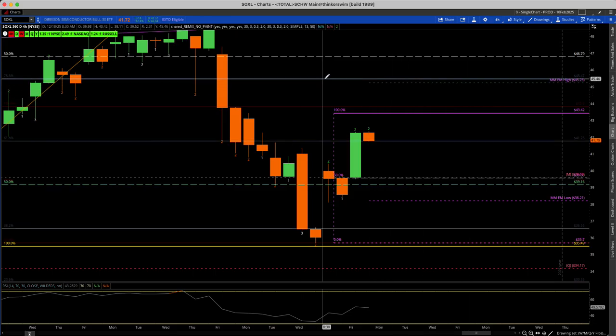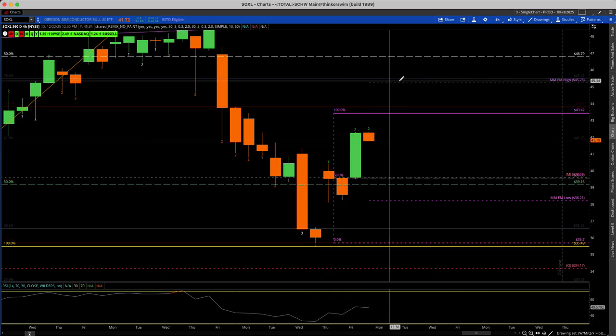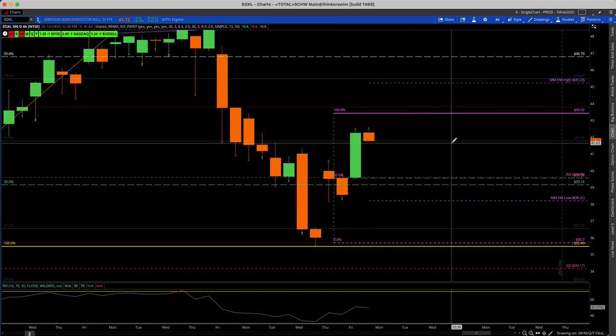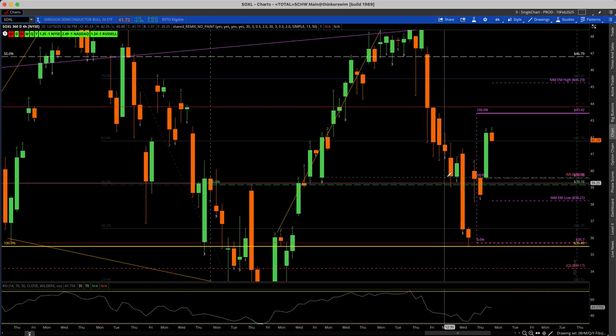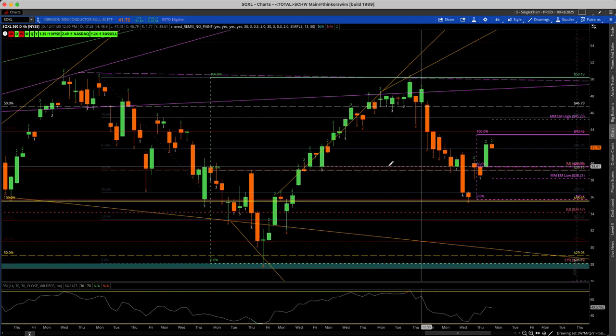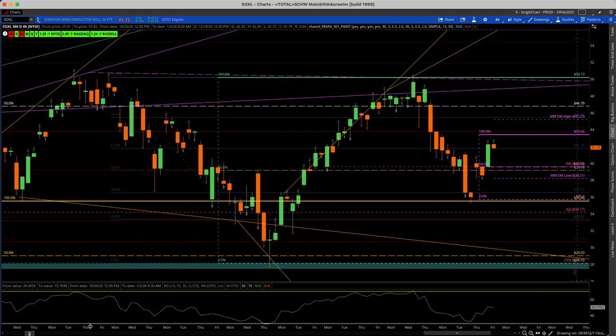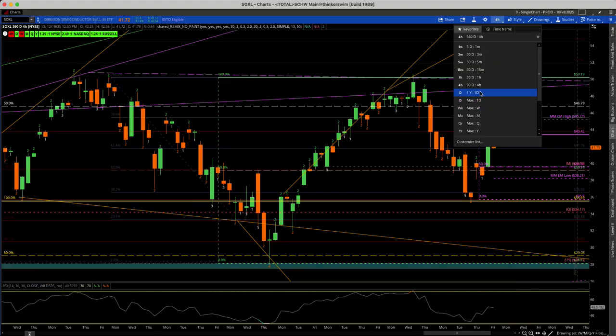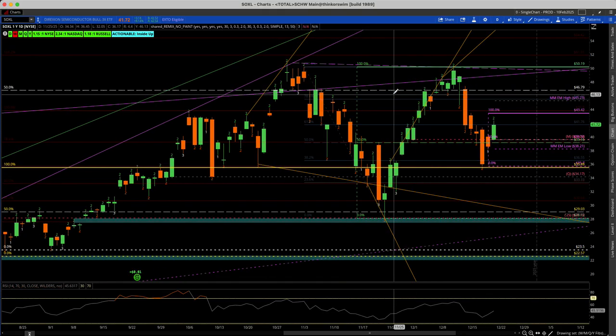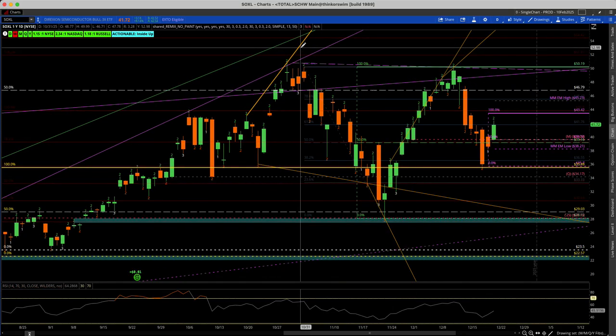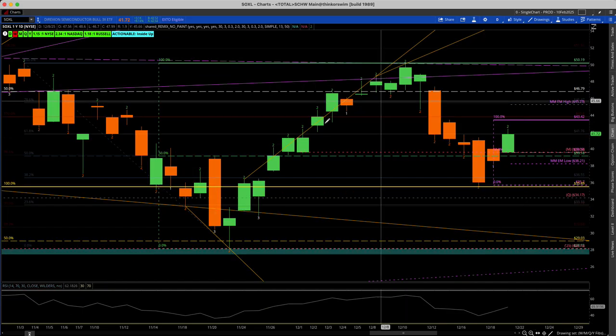Now, if we look here, I've got this fib line here. This is the 78.6 fib retracement of the range from November 2025. So if we pull back a little bit here, and let's go with the day so we can see the dates at the bottom. Right, here we go.